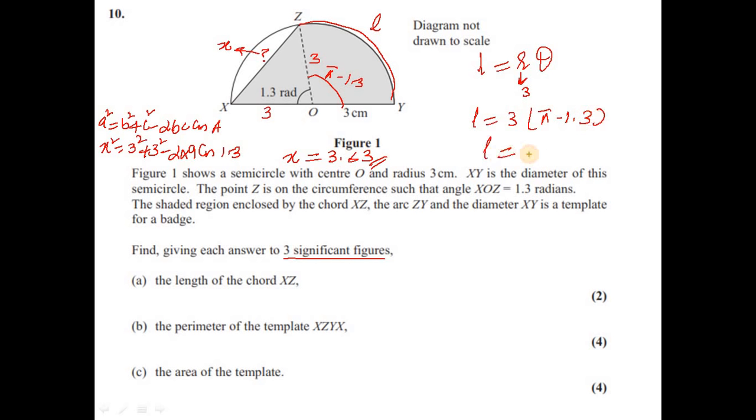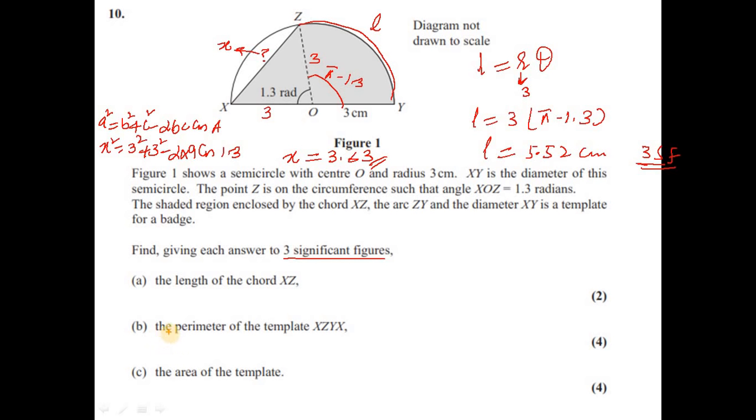So L is equal to 5.52 centimeter to 3 significant figures. This is not part B complete, it's just an arc length. So the perimeter of the whole shape is the total length.